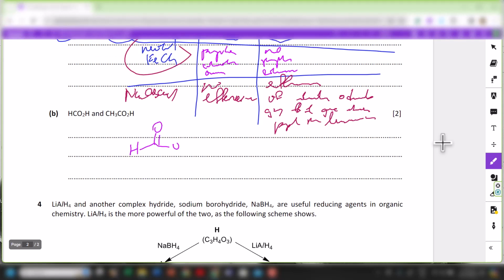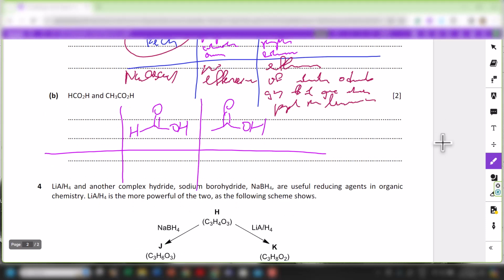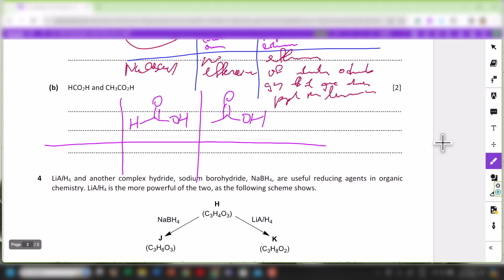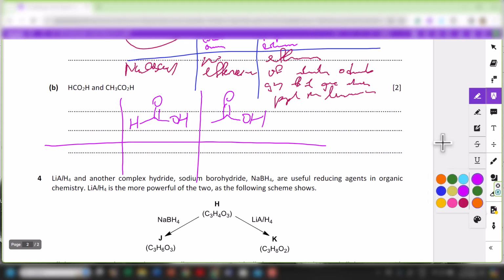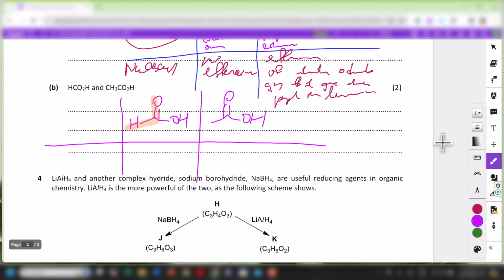Methanoic acid and ethanoic acid. What can we do to distinguish between both of them? One way we can do is, you know that for methanoic acid, one end of it contains the activated CH due to the carbonyl group. So what we can do is introduce KMnO4 with sulfuric acid, heat.